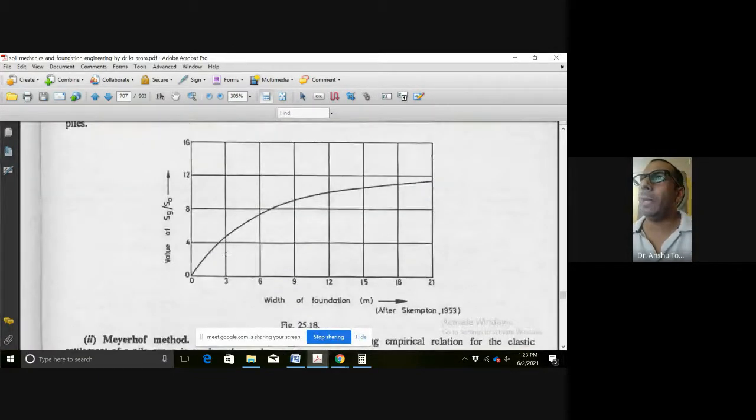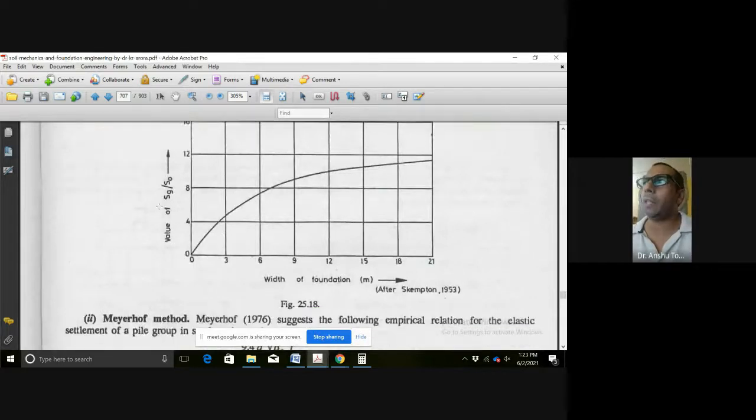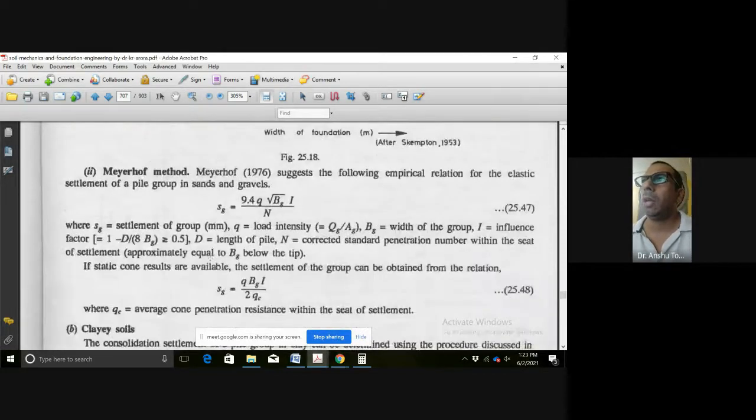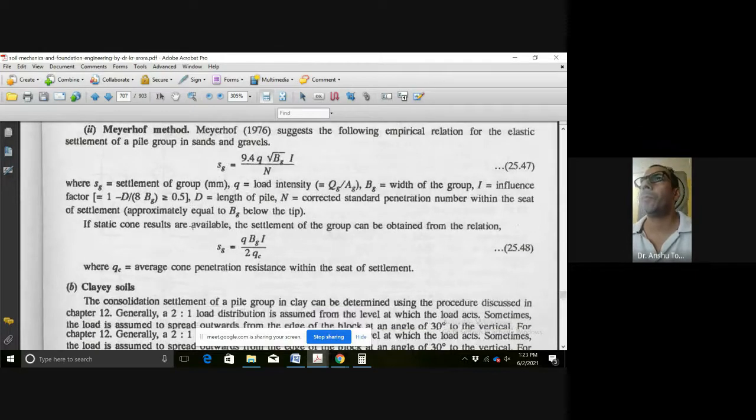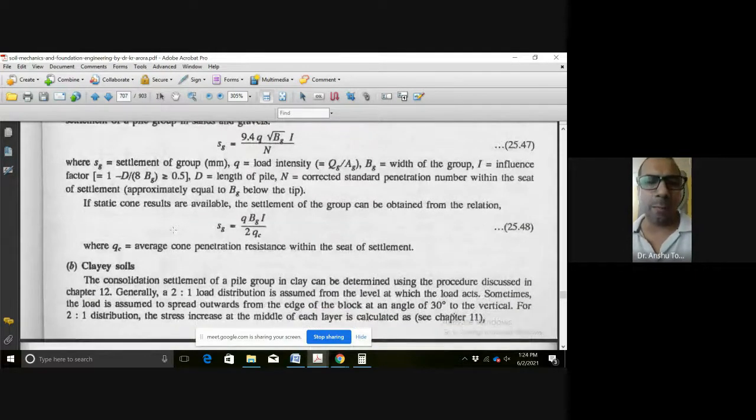This graph is given, where the ratio of Sg by S0 is given to us. And for Meyerhof's method, this particular formula is given to us to find out the Sg, that is, the settlement of the pile group.